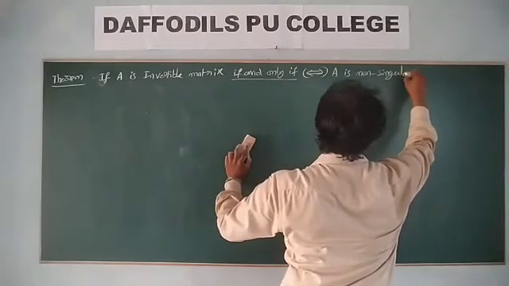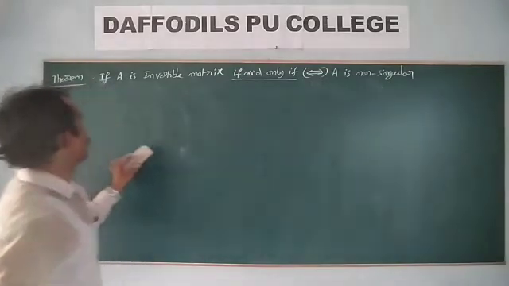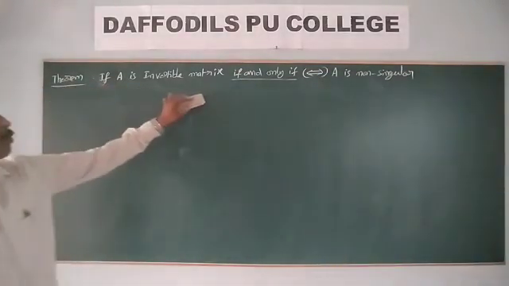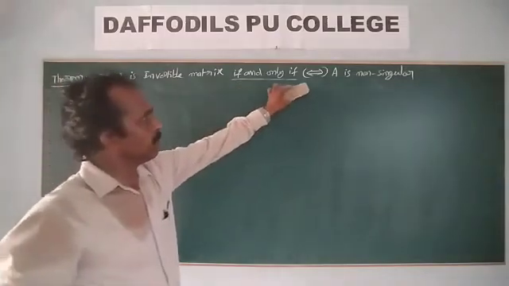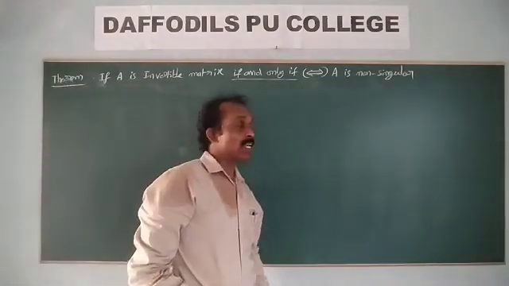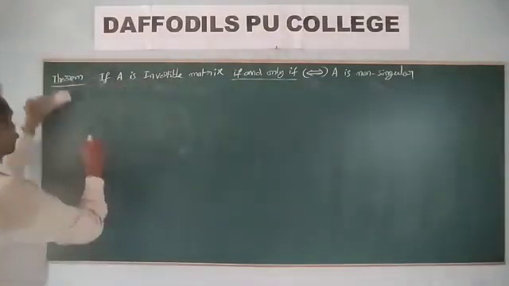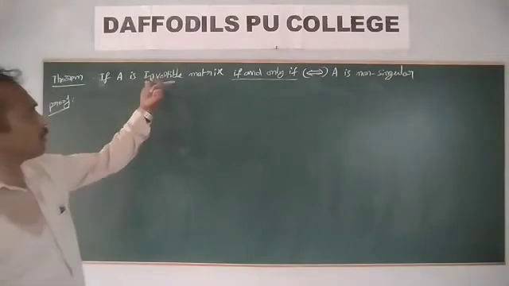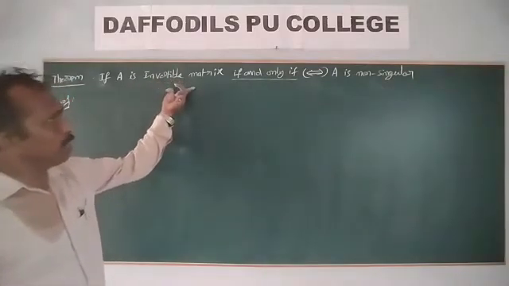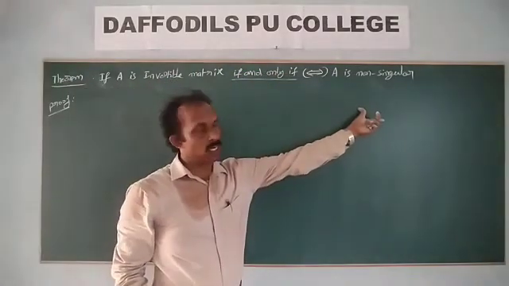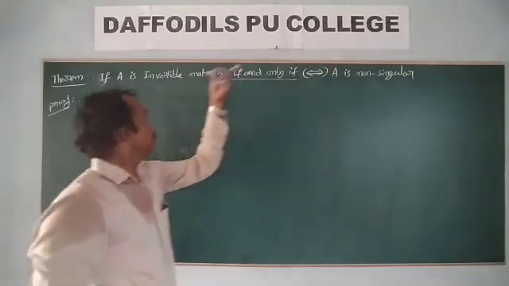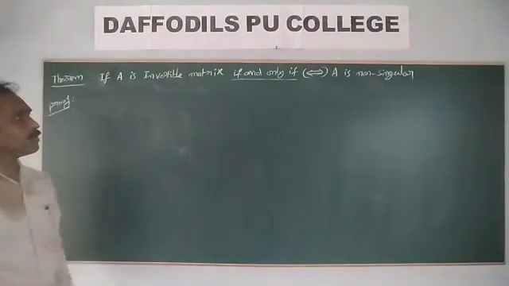It is a theorem: A is an invertible matrix if and only if A is non-singular, we will prove. So first of all, take A as invertible and show that A is non-singular, and next, conversely, take A as non-singular and we prove finally that A is invertible.